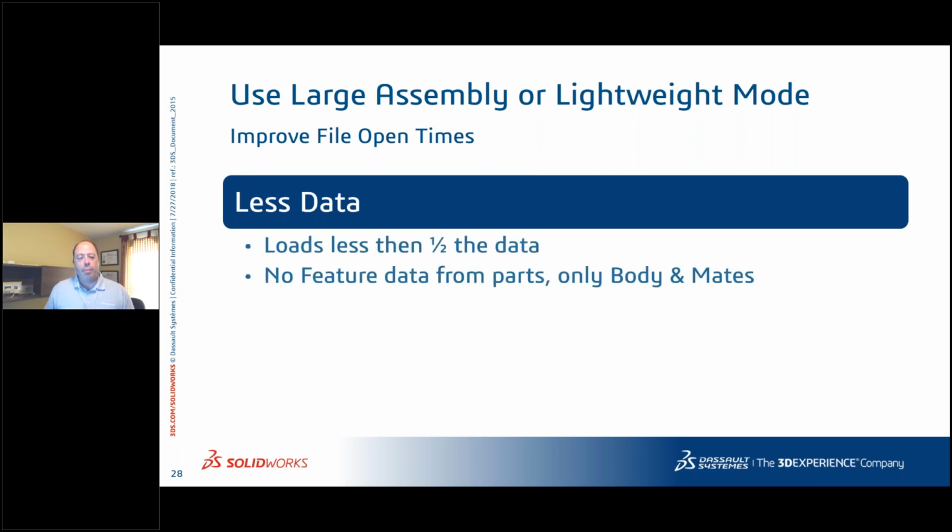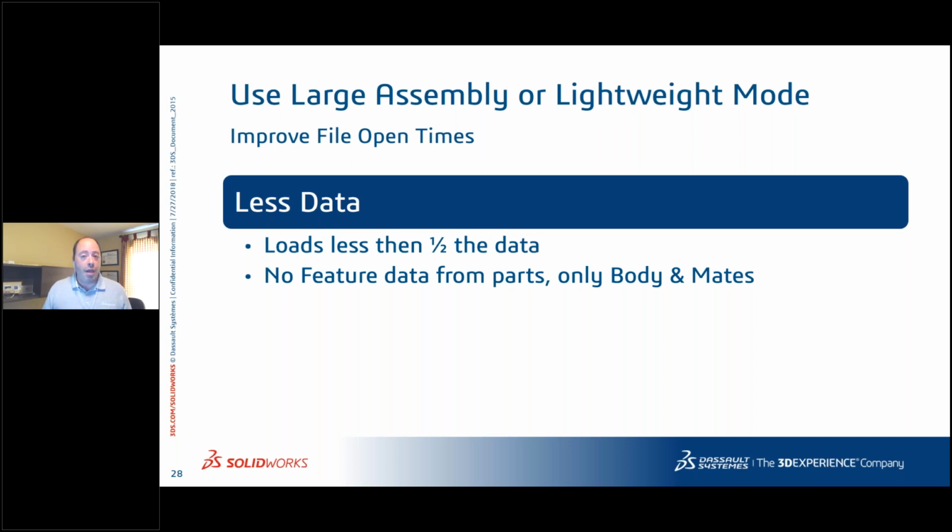A lightweight part actually loads less than half the data as if you were opening something fully resolved. So when you open something in lightweight, no features are loaded into the system, only the body information, so the geometry of the part, also the mates.